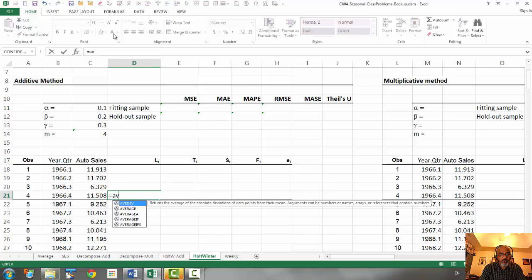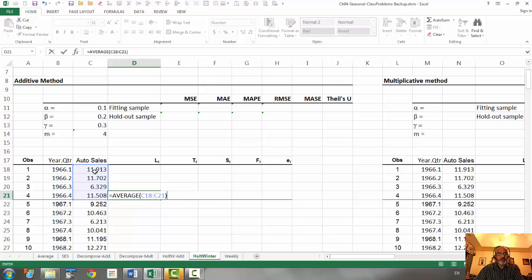Now for the local value, you average, that puts it at the center, plus you have to go (m minus 1) over 2 times the trend. For seasonality, you take the actual value of the quarter from the first cycle and the second cycle, so divide by 2.